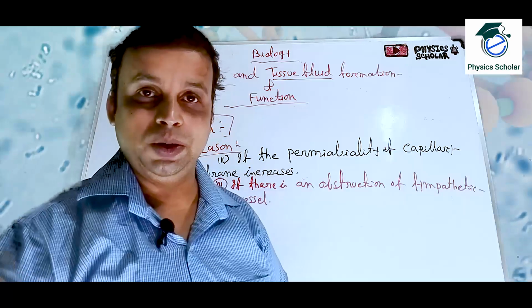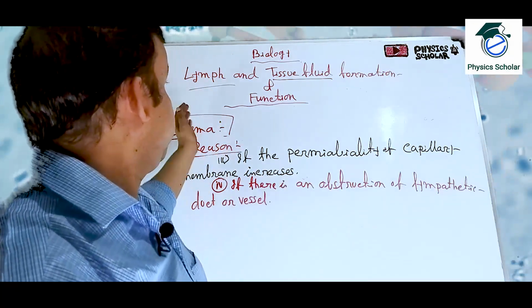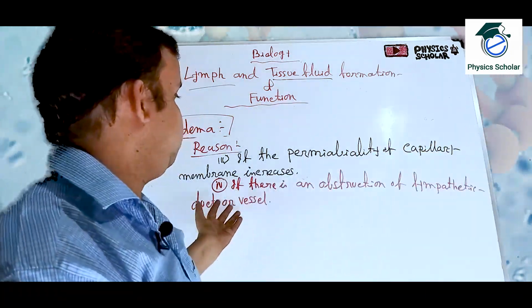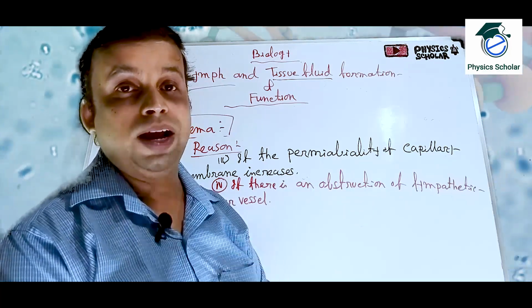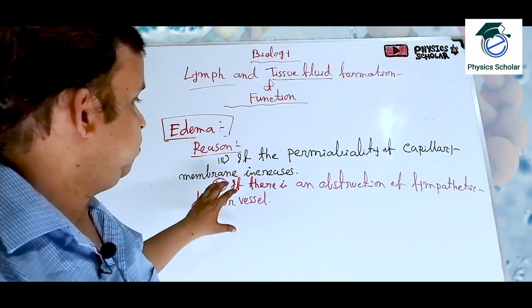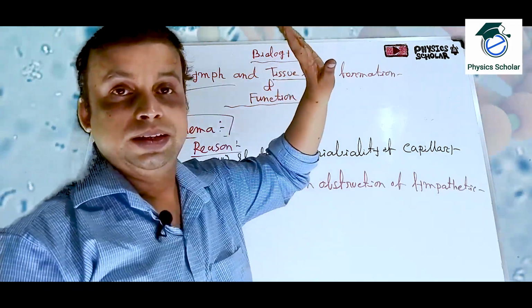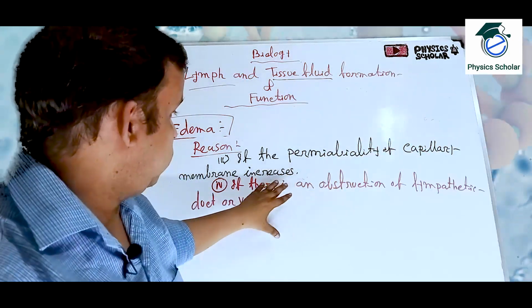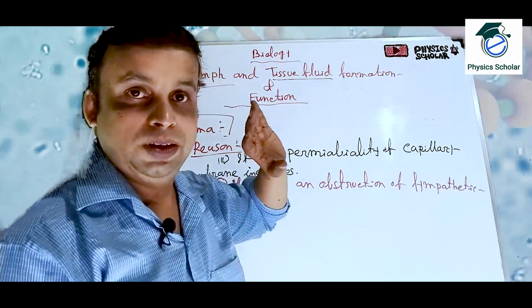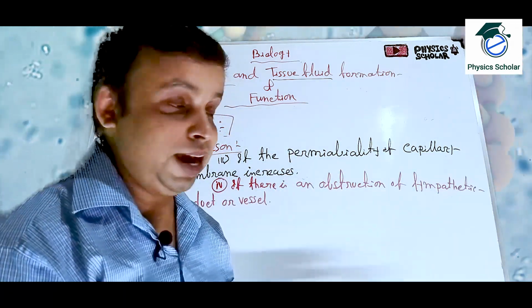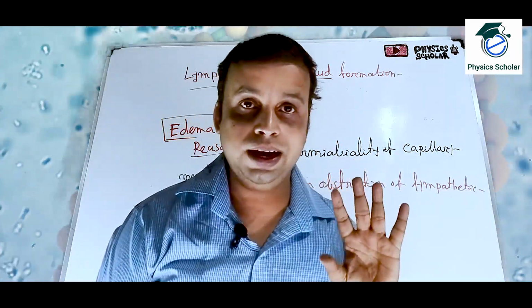Lymph is one type of liquid which, just like blood in the blood vessels, is transmitted through vessels known as the lymphatic vessels. And if we see the lymphatic vessels, there are some gland-type things known as lymphatic ducts. So if there is an obstruction of the lymphatic duct or vessel, then also the amount of tissue fluid will increase. What the lymphatic system, lymphatic duct, lymphatic vessel and lymph are, we will understand and I will discuss in this episode only. Clear? So these are the reasons for edema.